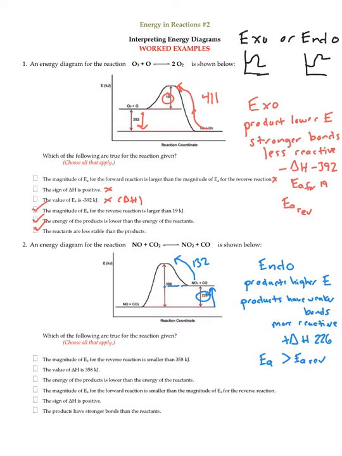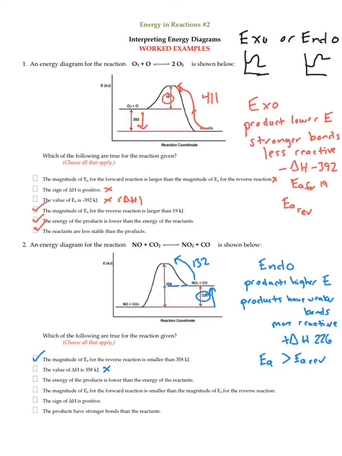Now, with that said, let's look at our choices and decide which ones are true. The first one says that the magnitude of the activation energy for the reverse reaction is smaller than 358. That's true. Again, the reverse reaction is going to have a smaller activation energy. The value of delta H is 358. Nope, that's the activation energy, right? Remember we said that the delta H is positive 226.